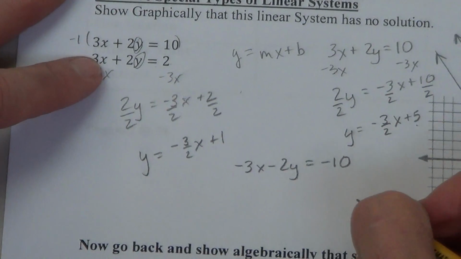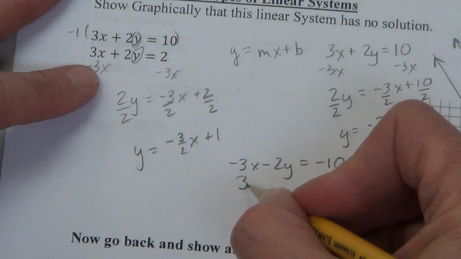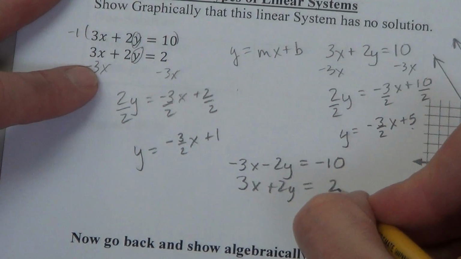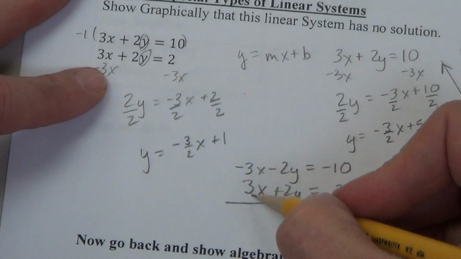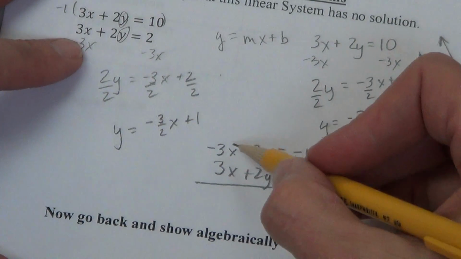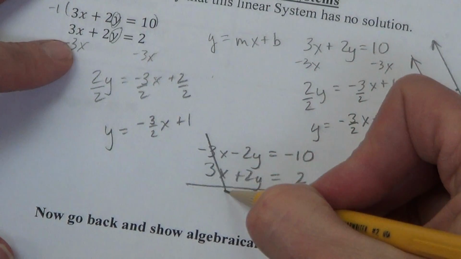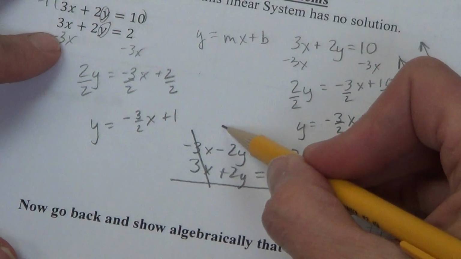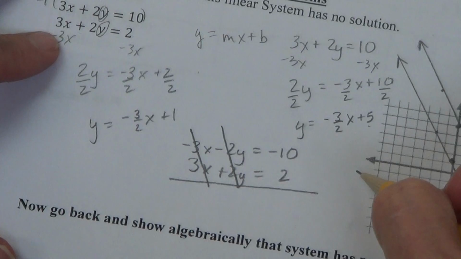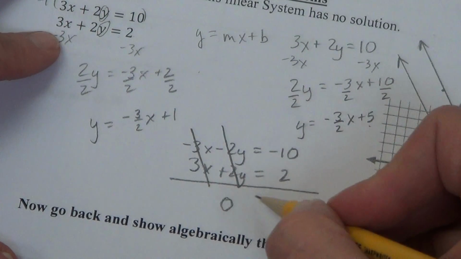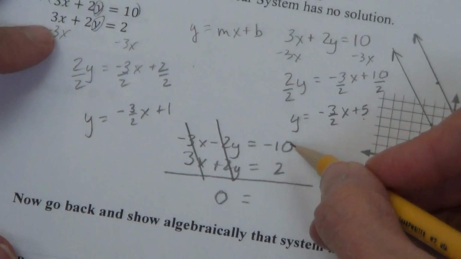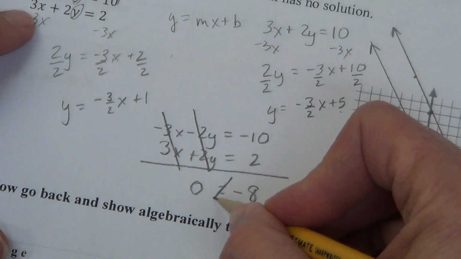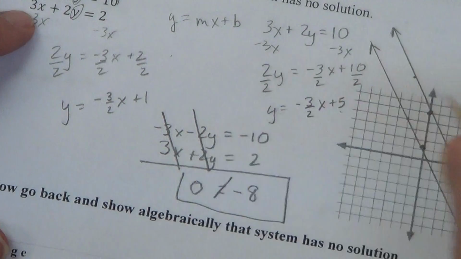I bring down the other equation just as it is, 3x plus 2y equals 2. The reason I did that is to make these opposites so that they'd cancel. Negative 3x and a positive 3x cancel each other. Negative 2y and a positive 2y equals 0. So everything on this side equaled 0. Negative 10 and a positive 2 would be a negative 8, and that shows no solution. Okay?